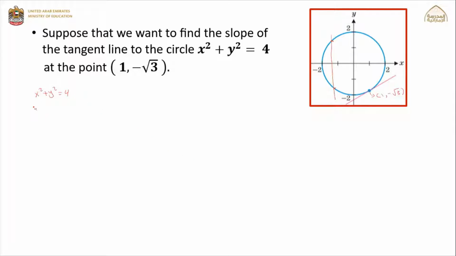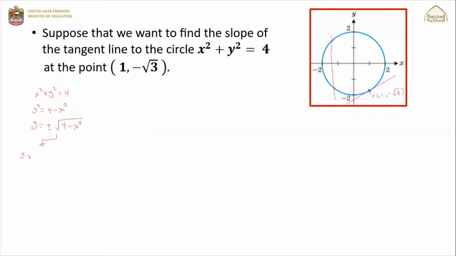So y squared equal 4 minus x squared, and y equal plus or minus radical 4 minus x squared. That means I have 2 values of y.